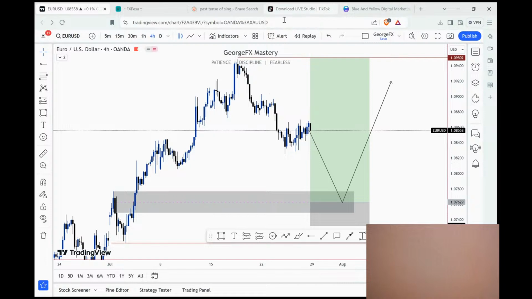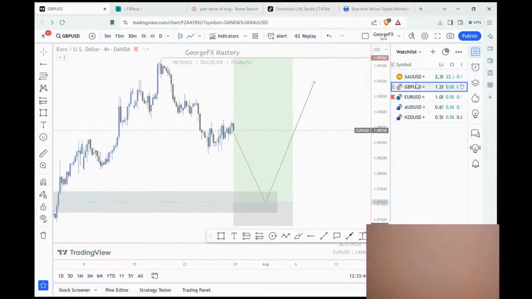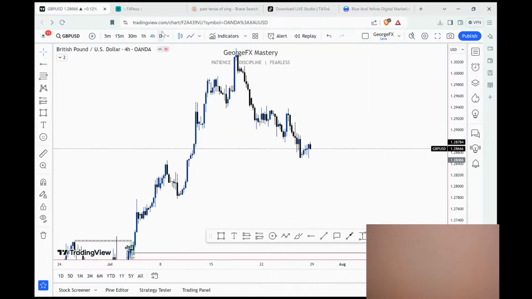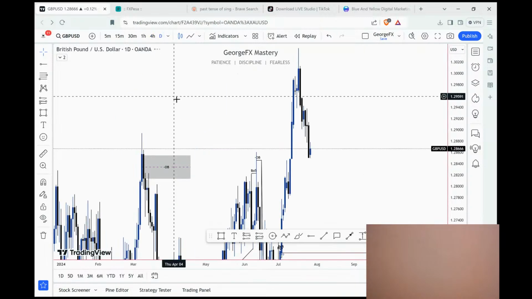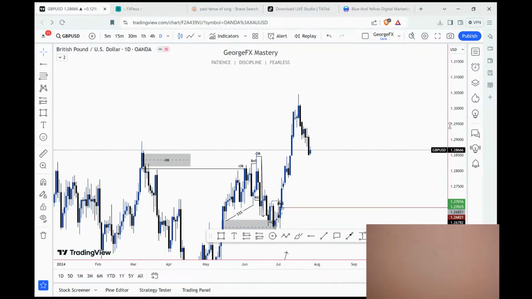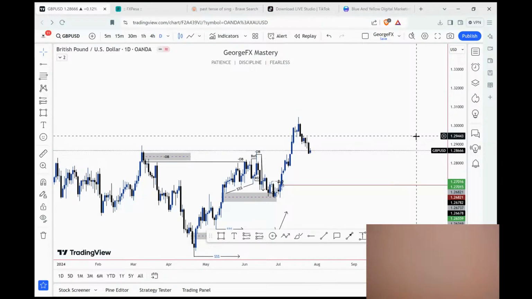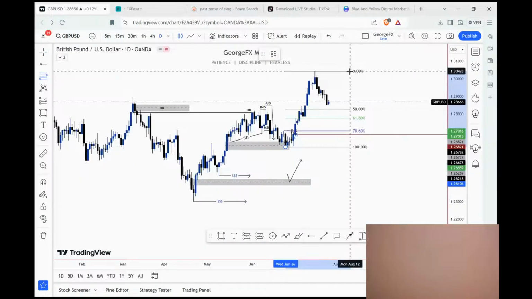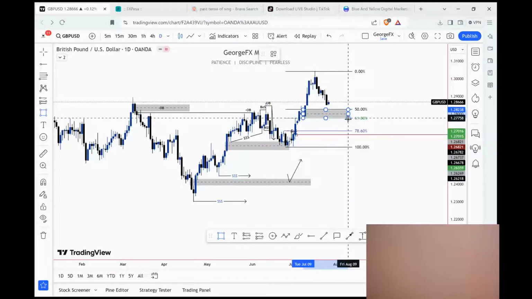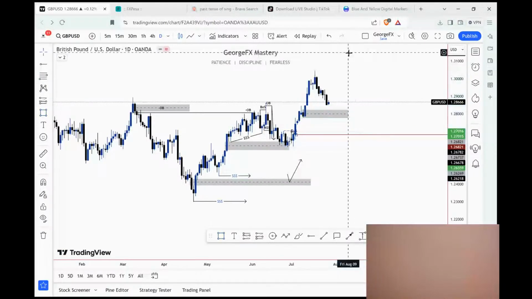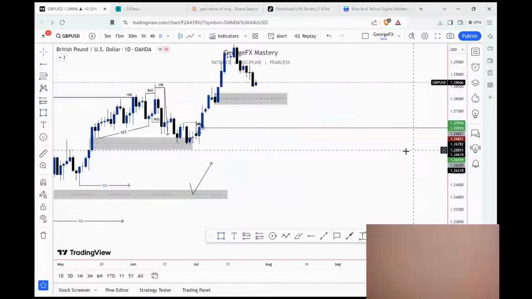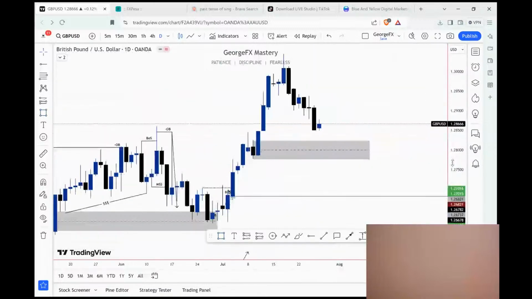Okay. So let's look at GBPUSD now. We look at the higher time frames first. This pair has a lot of noise. If you look at the golden zone, we like that. Let me just zoom out.